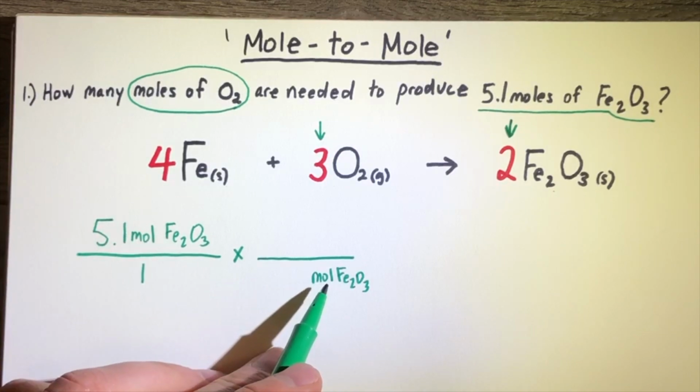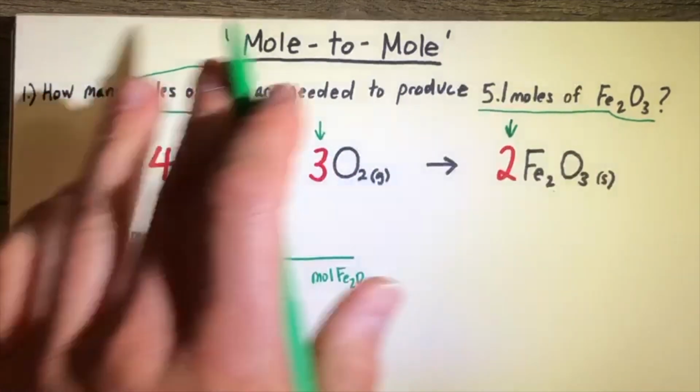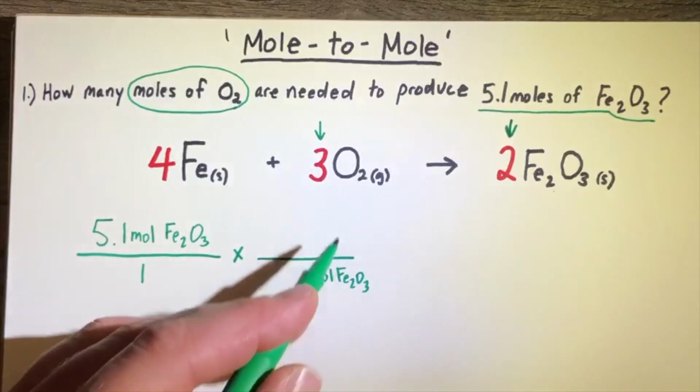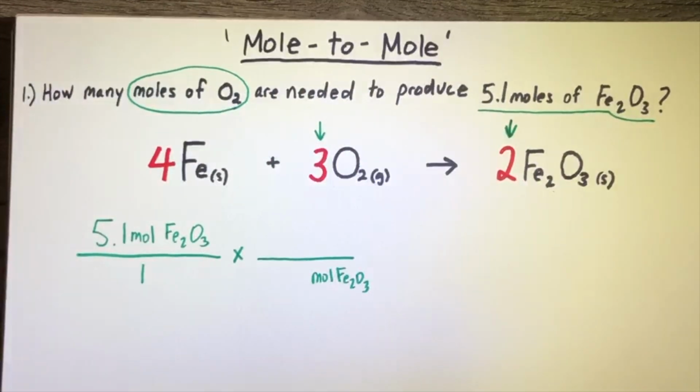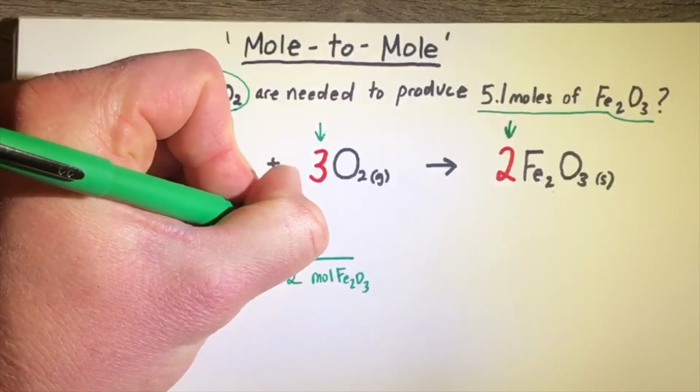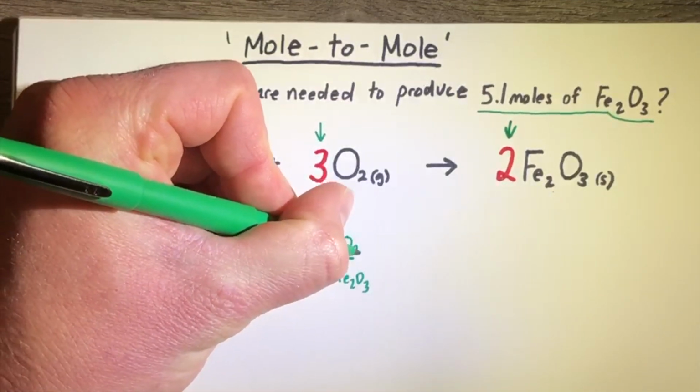So how many moles of Fe2O3? Well, that's what our arrow pointing was for. We look at our balanced chemical equation, Fe2O3, and there's 2 moles of them. Sweet. But remember, we want to get to how many moles of O2. So that's on top, moles O2.